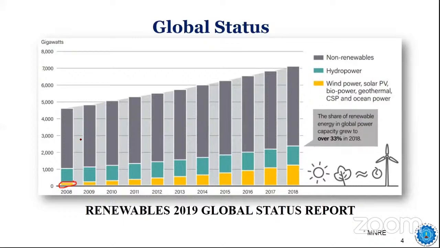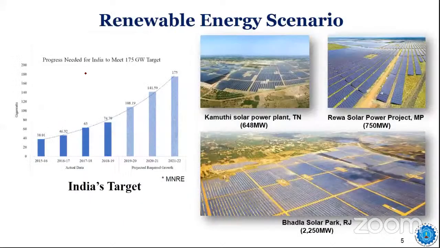And similarly, if we see the progress India needs to meet its target, because we have a target of 175 gigawatt, right? We are slowly progressing, and whatever target we set for 2018-19, we have already achieved it.